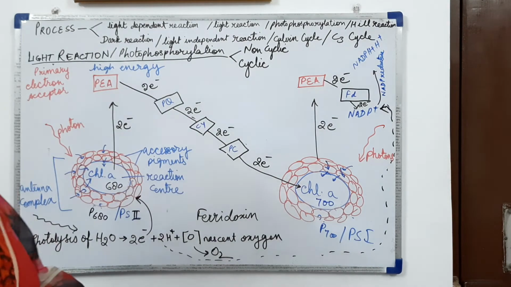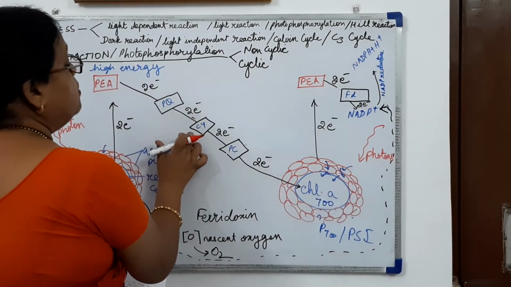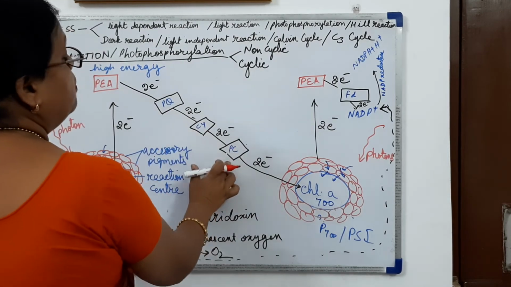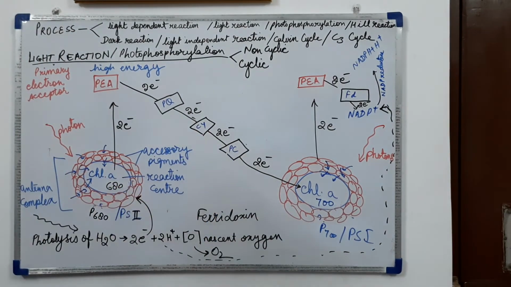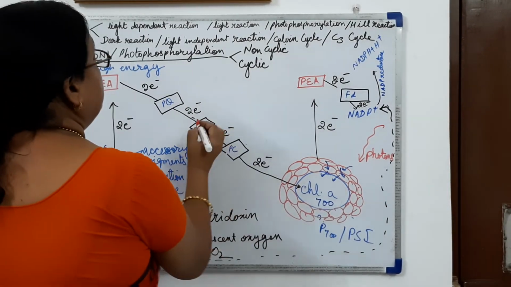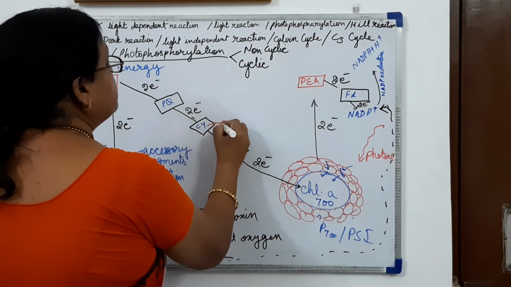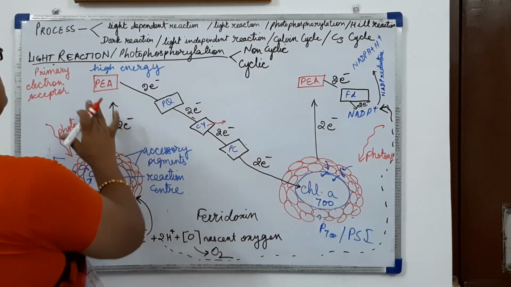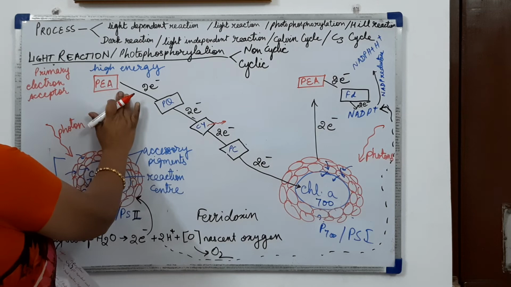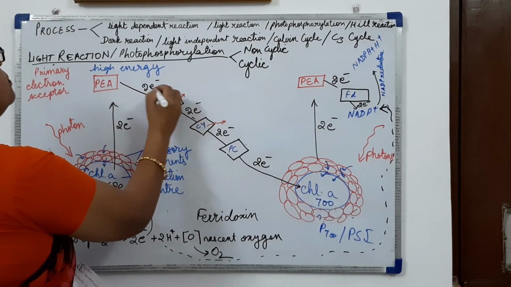Now, what happens when the electrons are passing from cytochrome complex to plastocyanin? What happens? It is releasing the energy, because whenever the electrons pass from high energy level to low energy level, always the energy is being released.